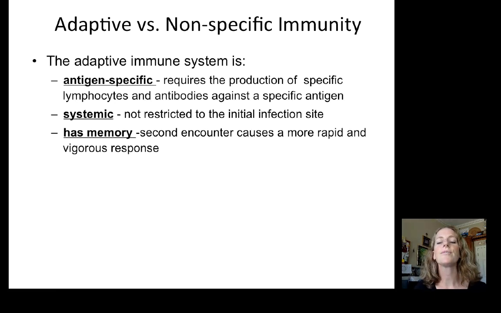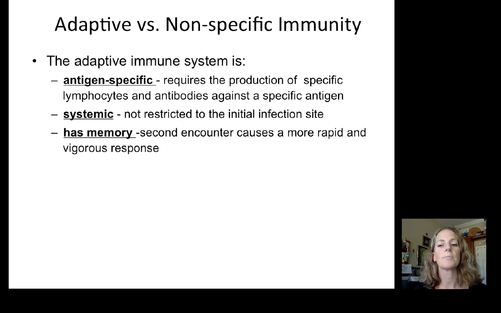So for adaptive versus non-specific immunity, the adaptive immune system is specific. And we say that it's specific to a particular foreign invader. In fact, it's specific to a piece of a foreign invader called an antigen.